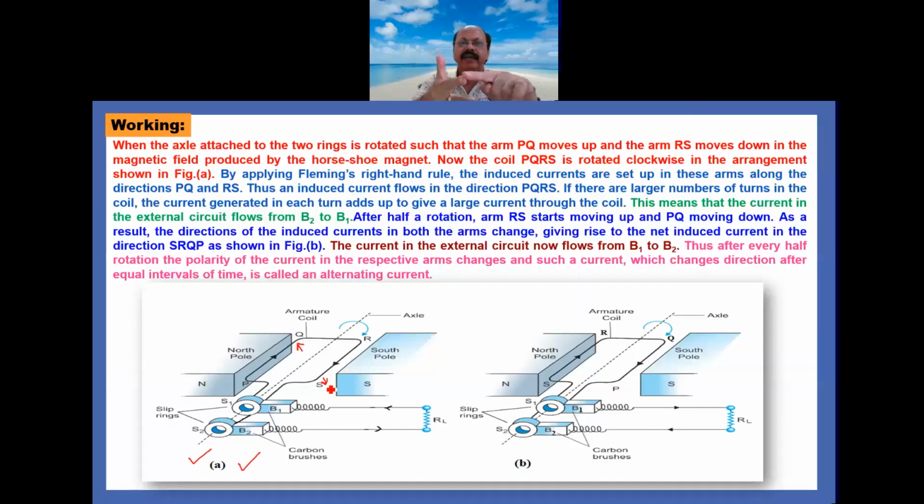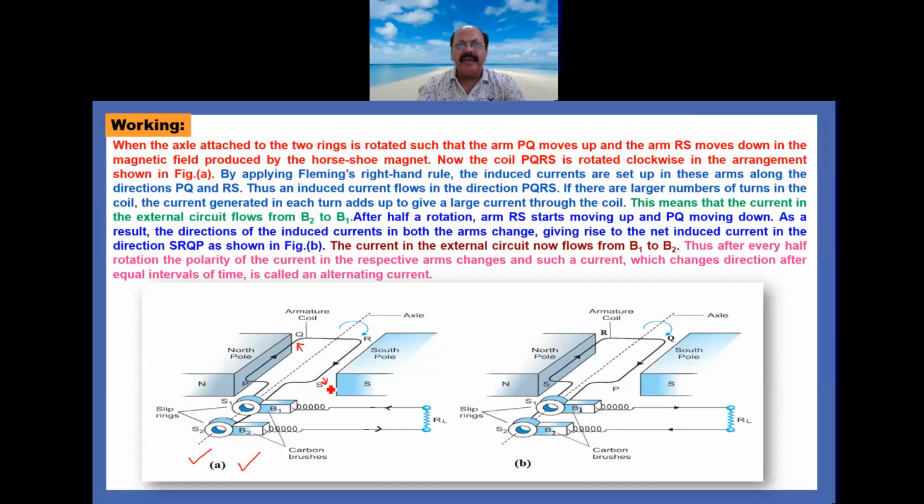The forefinger represents the direction of the magnetic field, the thumb represents the direction of motion, and the central finger represents the direction of the induced current. So by applying this rule, we can find the direction of the induced current in the armature coil PQRS. Here its direction is from P to Q and R to S in this position of the armature coil in the magnetic field.